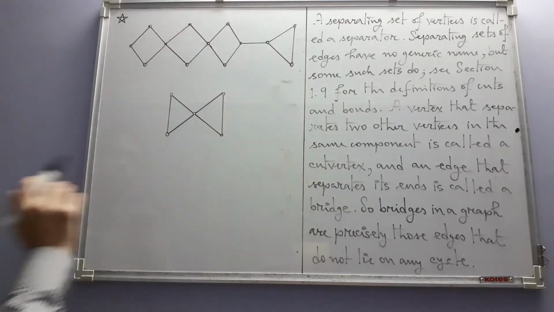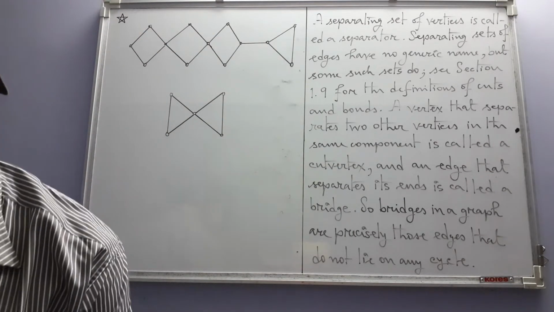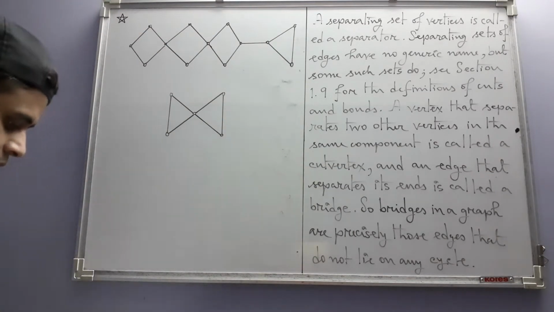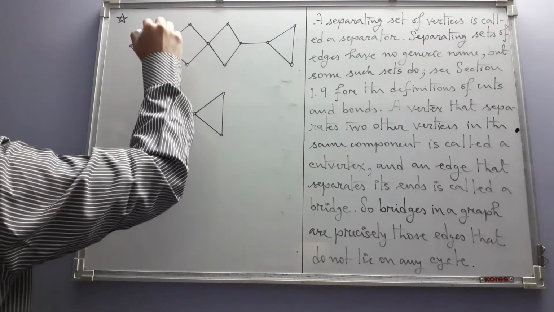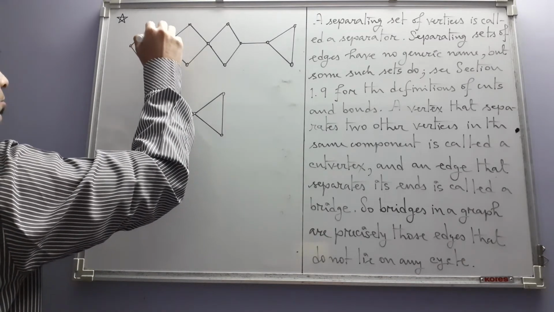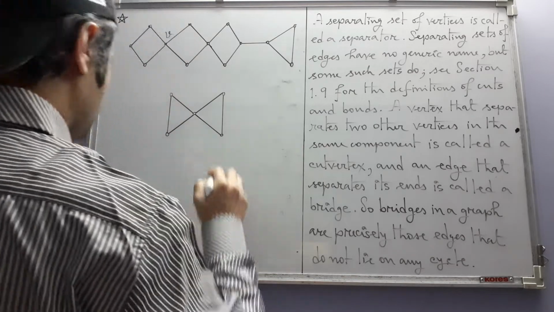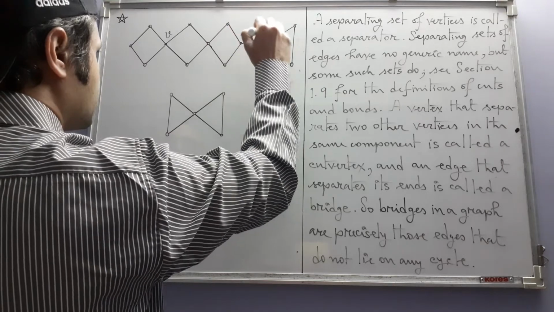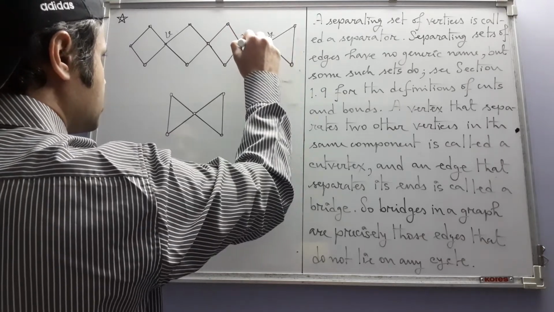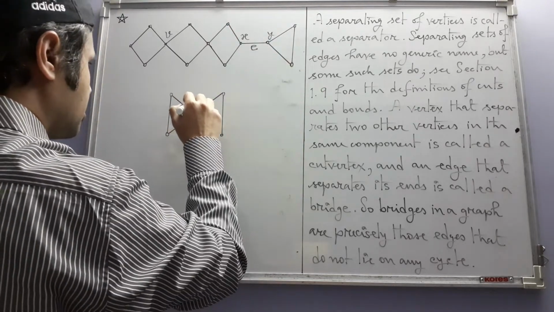So this is the entire graph, and in this graph some vertices have been given names: V, X, Y, and this edge is E, and this one is W.